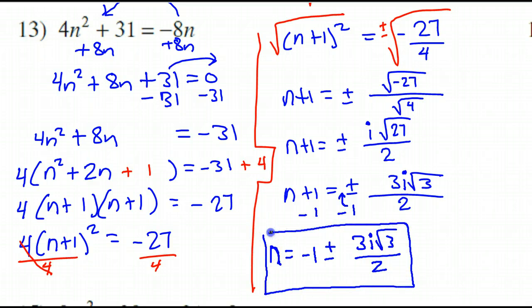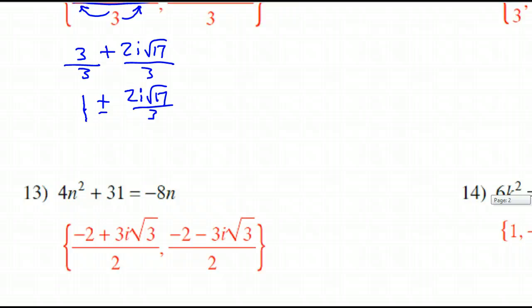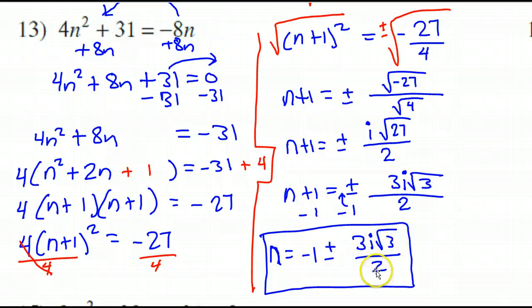Now probably if I look on my answer sheet, it's going to look different, but whatever I see on the answer sheet, it's going to be the same value as this. Let's take a look just for fun. See the 3i radical 3 and the 2. We have 3i radical 3 over 2. They're just making this like 2 over 2. Anyway, it's the same thing.